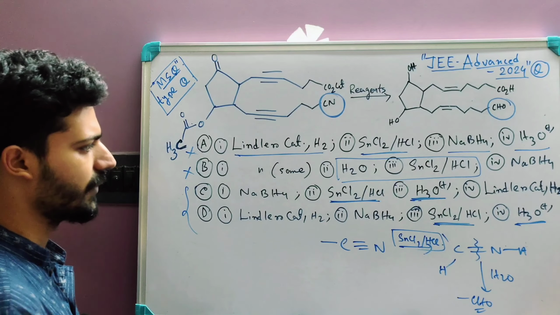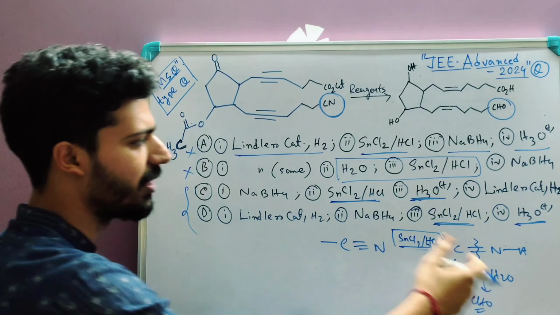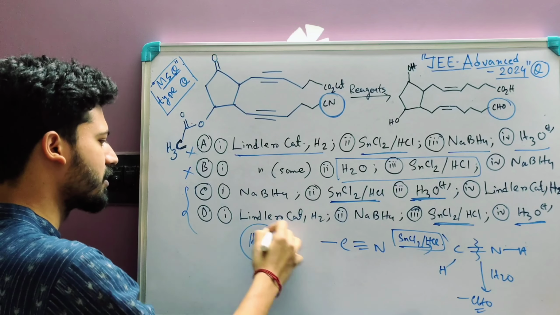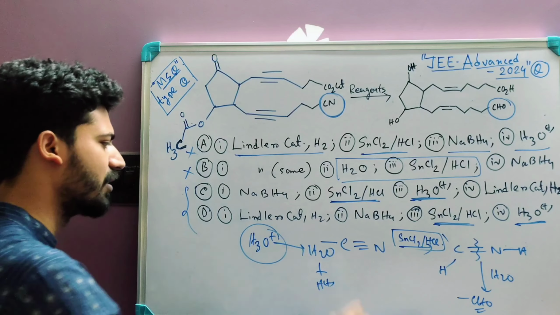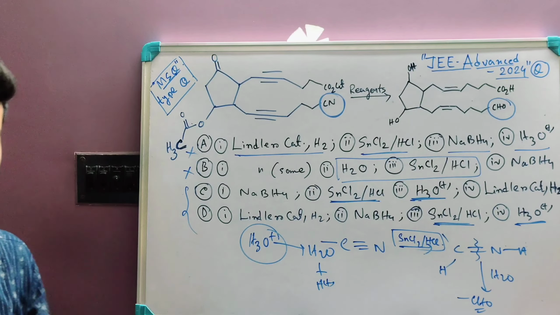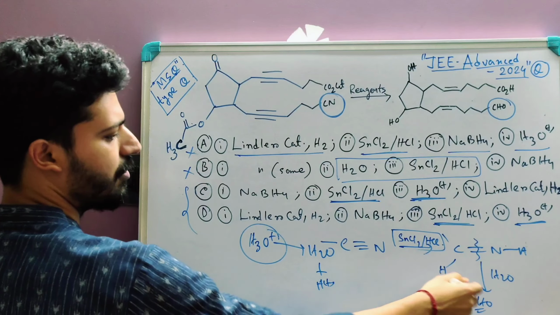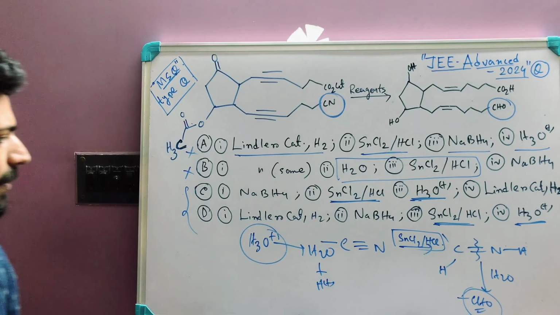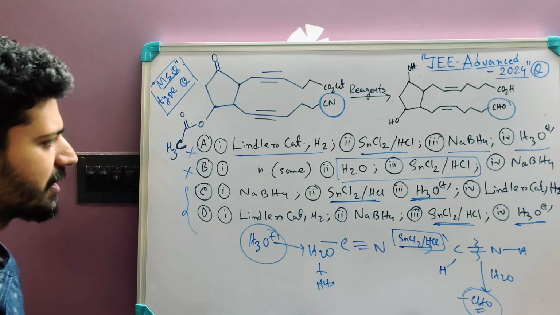You may ask that there is no water, only H3O+. H3O+ means water is there and acid is also there. So this serves the purpose of the hydrolysis step. Water hydrolyzes the carbon double bond N, it breaks, and CHO is formed. In H3O+ the water is there and also H+ is there.